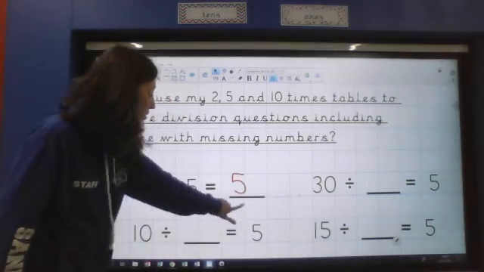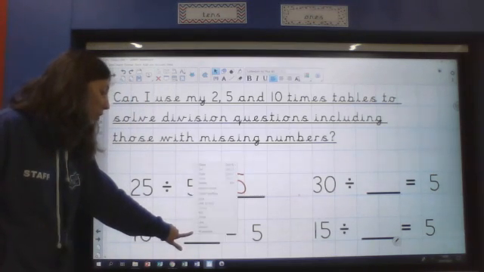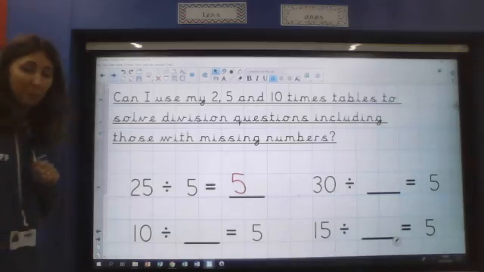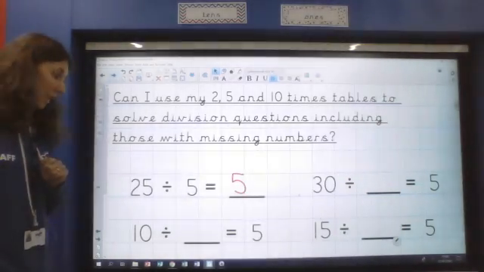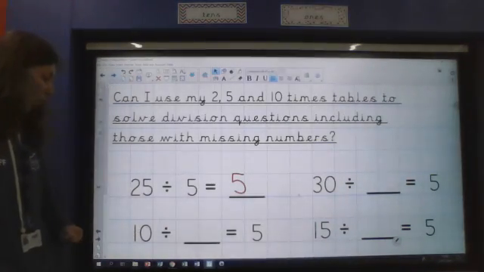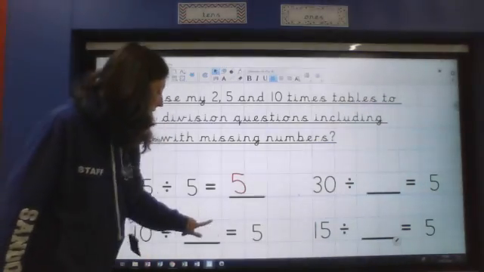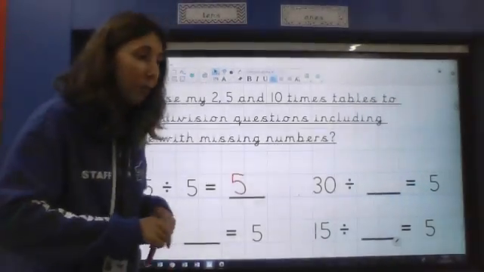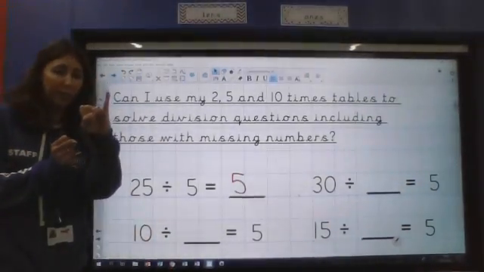So if we imagine that 5 was there, we would do the same method to work out the answer, even though it's the middle number that's missing. So 5 is my answer. I've started with 10, so I'm going to count in 5s until I get to 10 to see what number is missing. Have a go and do it with me then. 5, 10.